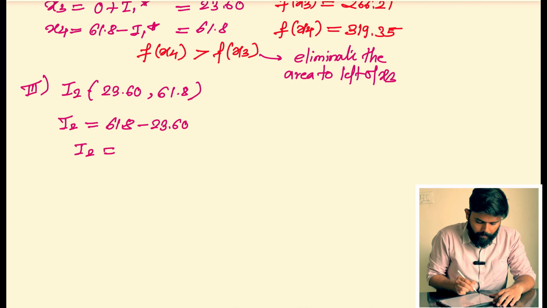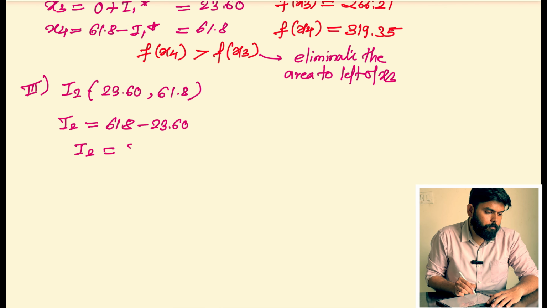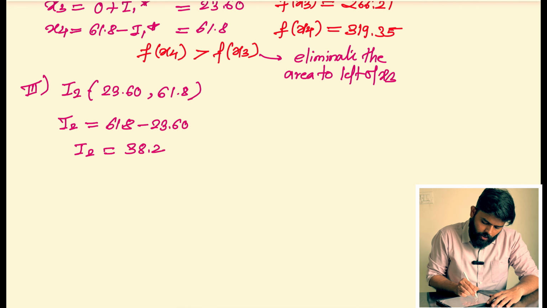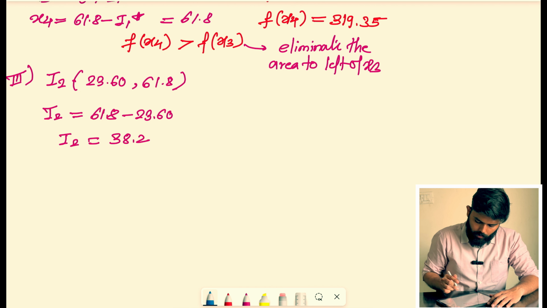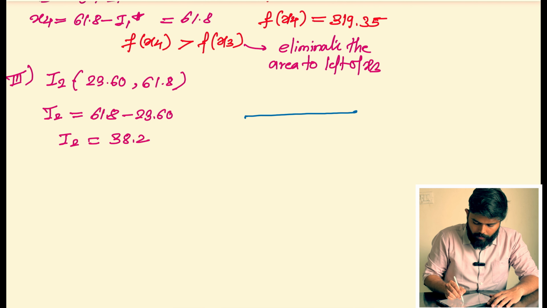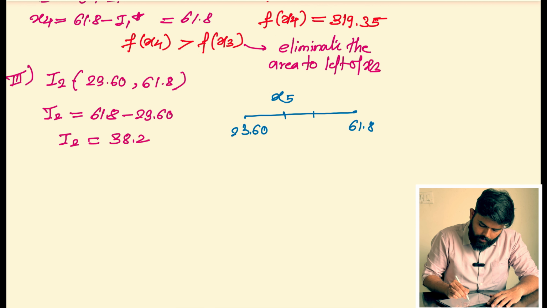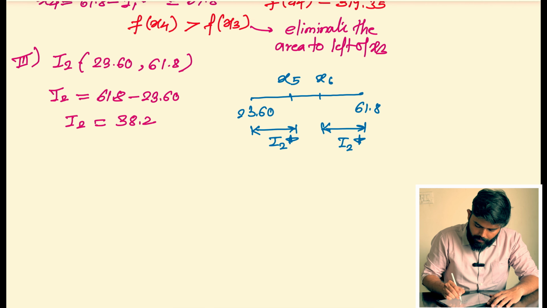So now we are getting I2 equals 38.2. Let us again plot this interval. So we have 23.60 and 61.8. Let us consider 2 points x5 and x6, which will be situated at a distance of I2 star from either end.